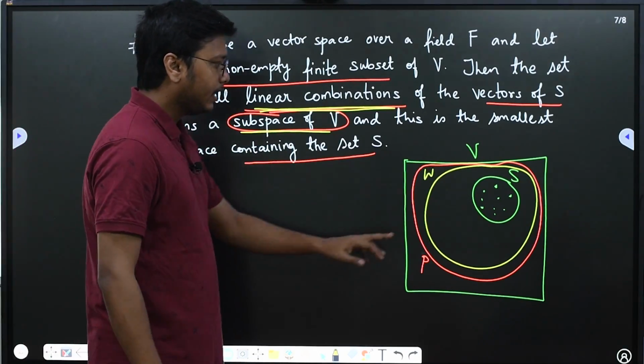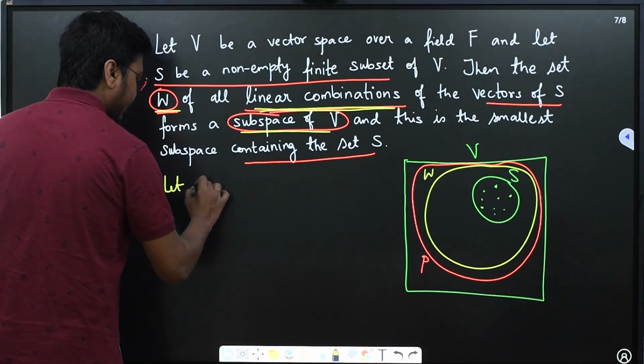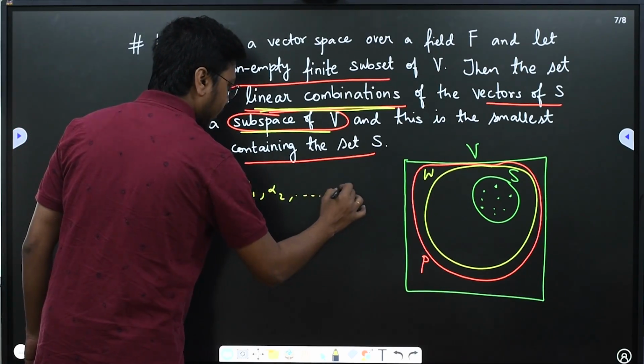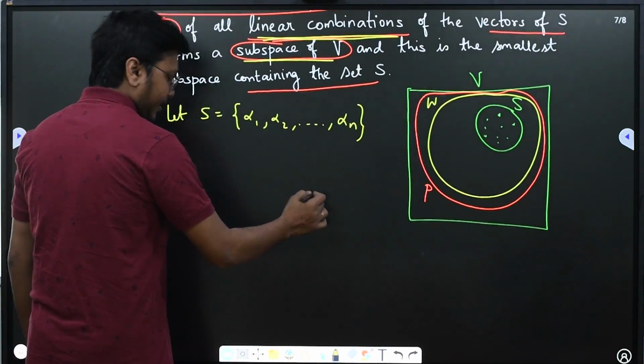So first of all, let's create our S set. Let S equal alpha 1, alpha 2, dot dot dot alpha n. Okay, so I have taken my S set.